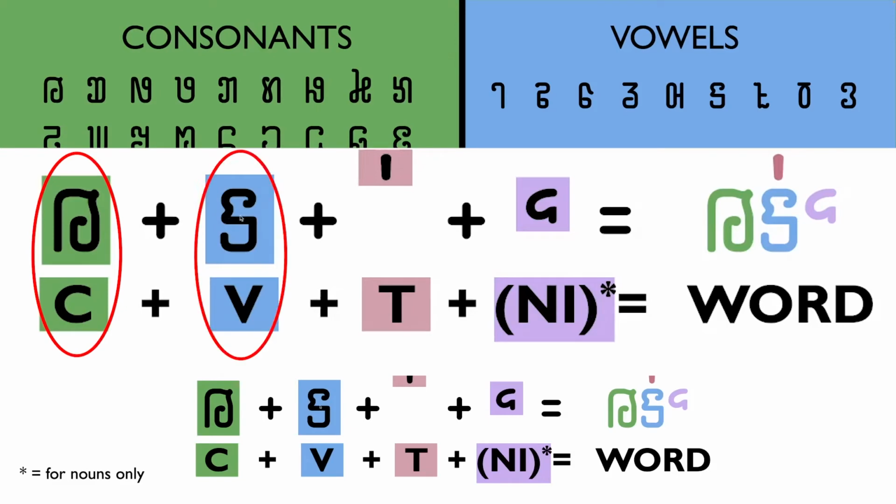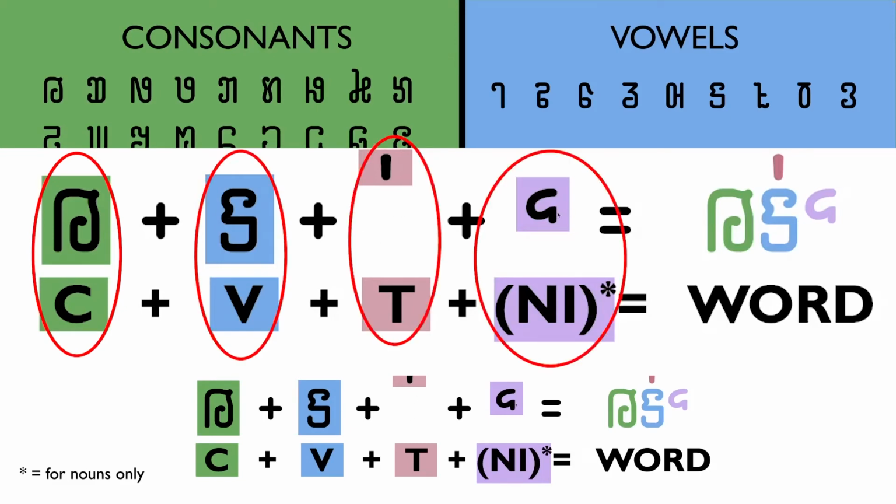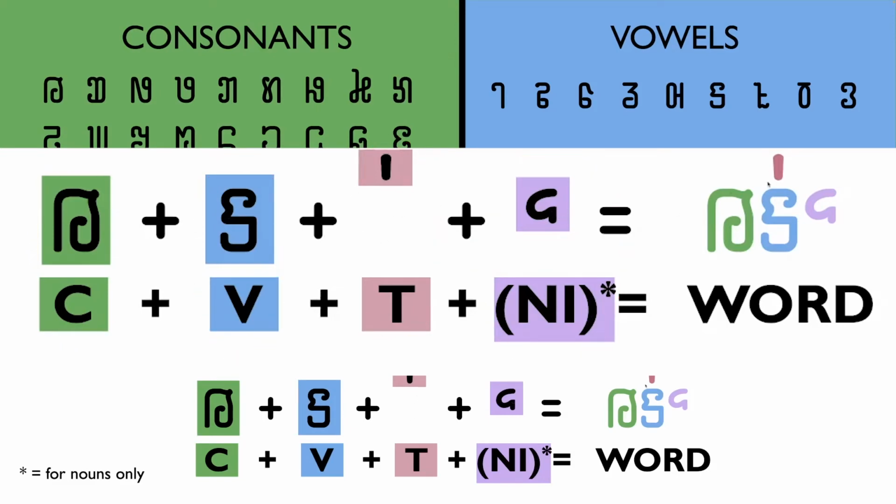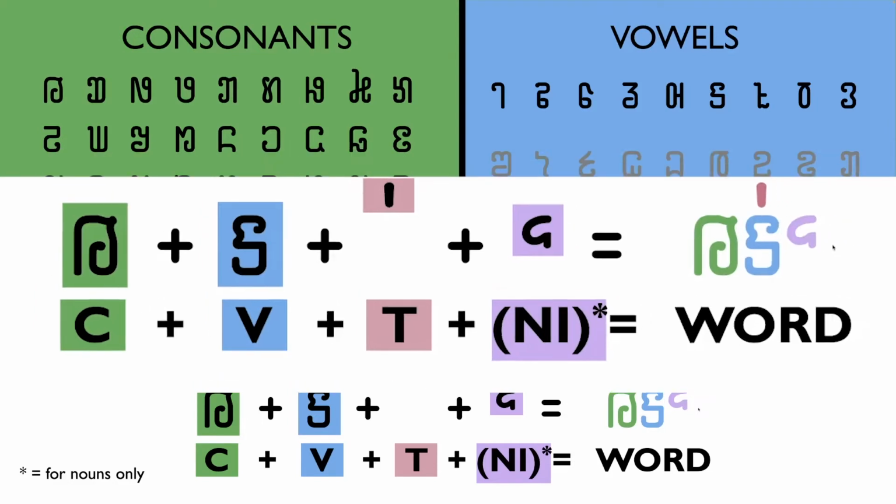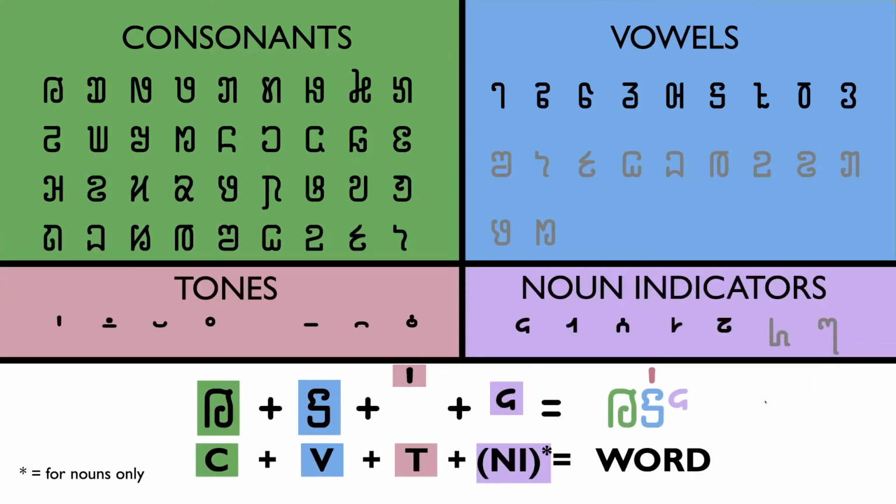Consonants, vowels, tones, noun indicators. Now here the word says Hmong. The ma, the ong, and the ha ji for a person. Hmong. Okay. And it's that simple. So let's move on with the next slide.